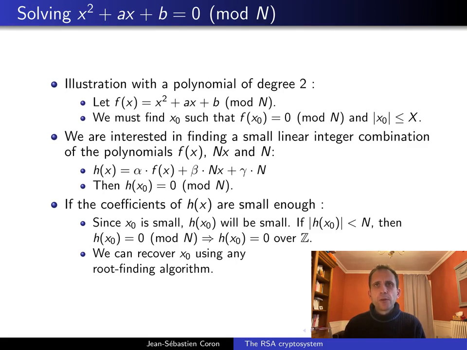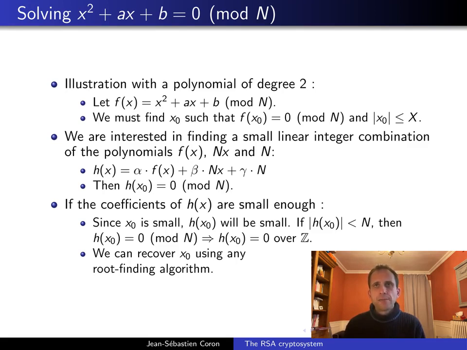So the technique is as follows: we want to find a small linear combination with integer coefficients of three polynomials. So we take the polynomial f of x, and we also consider two polynomials, n times x, and also the constant n. So we write h of x, which is a linear combination of these three polynomials with integer coefficients.